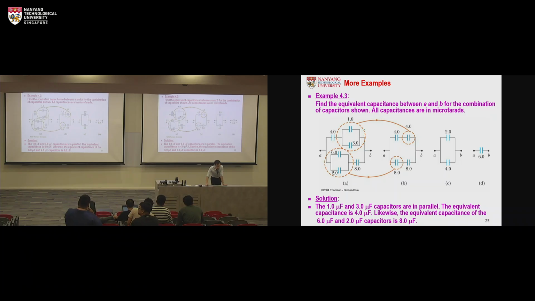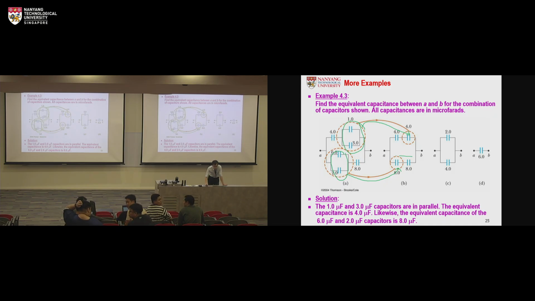Like in this case, first you can identify these two are connected in parallel. Then you can find this equivalent capacitance. Similarly, for these two, you can find the equivalent capacitance. That is step 1, and you can repeat this.